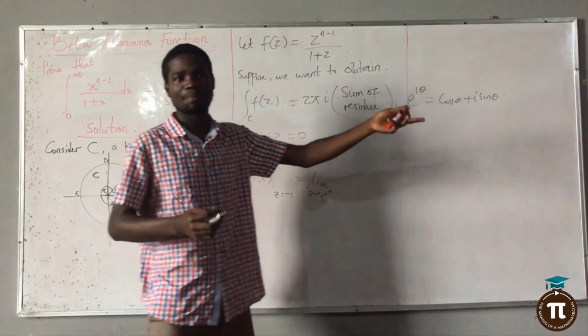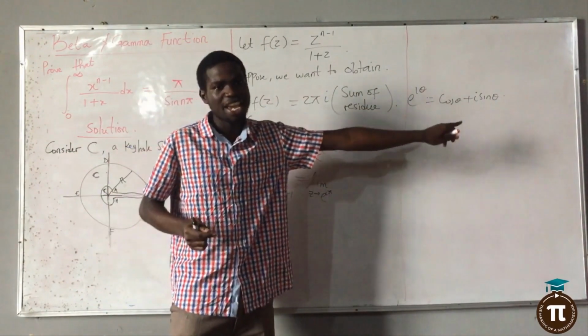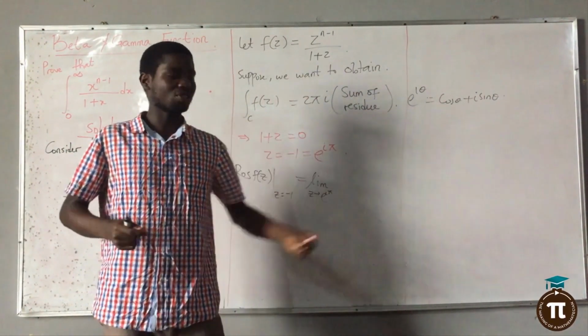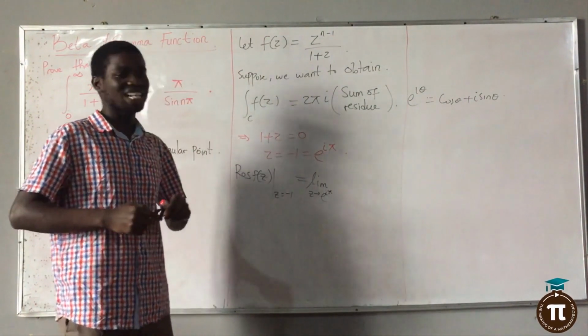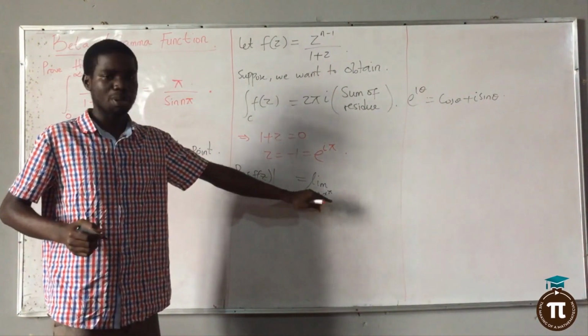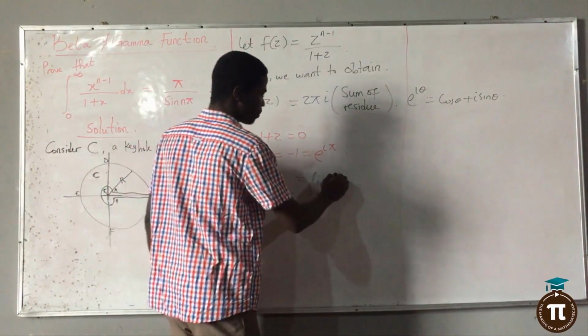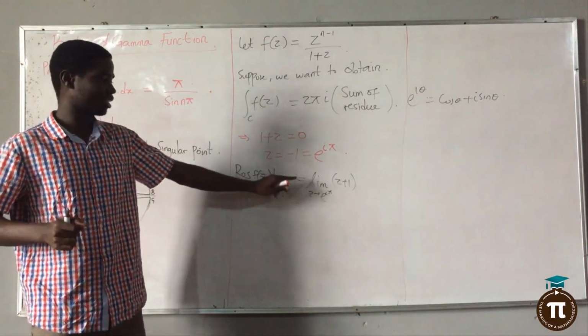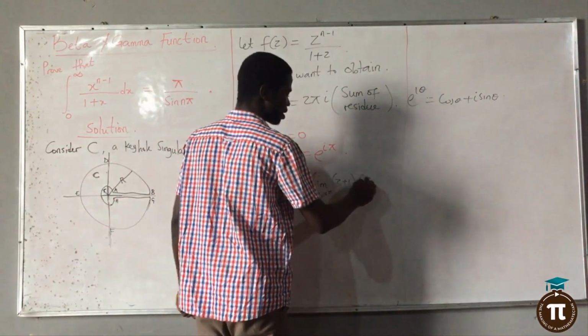So when theta is pi, you get -1 plus 0, and that's -1. So this is the limit as z goes to e raised to the power i pi of z plus 1, because it will be z minus z naught, times f of z.